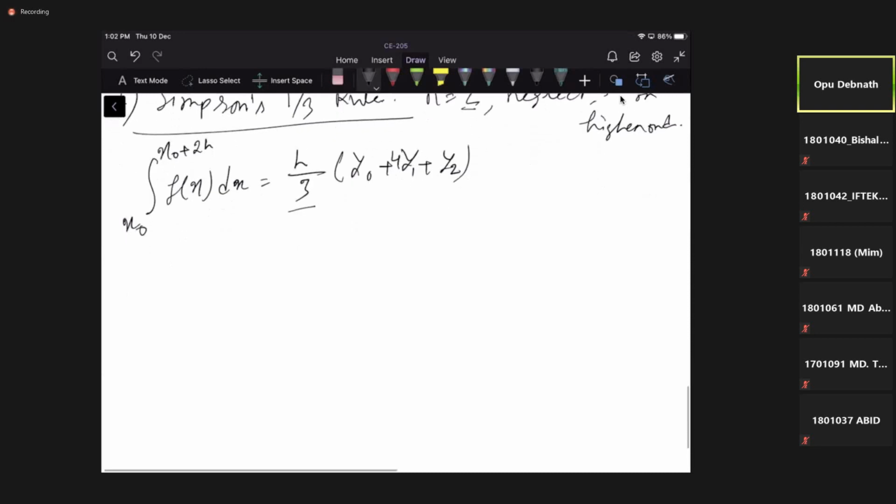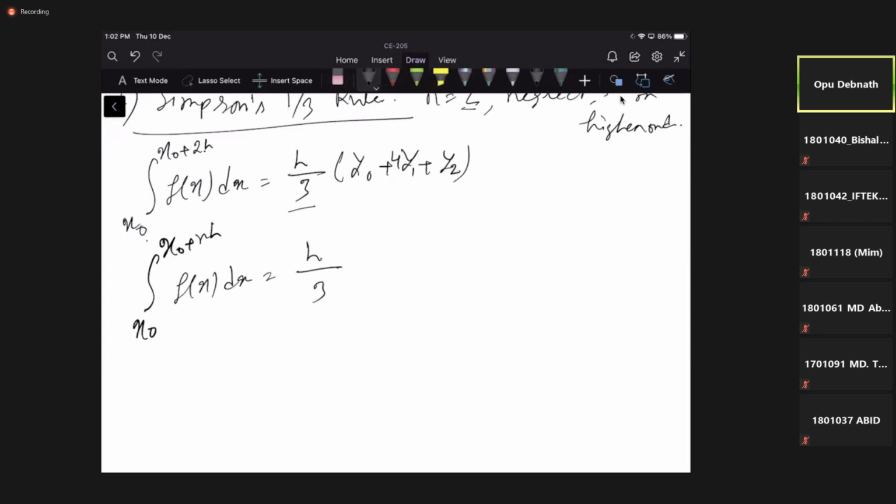Next step you will take x0 plus 2h to 4h, that means x2 to x4. After adding all these terms, x0 to nh, up to the nth term, you just remember the equation.